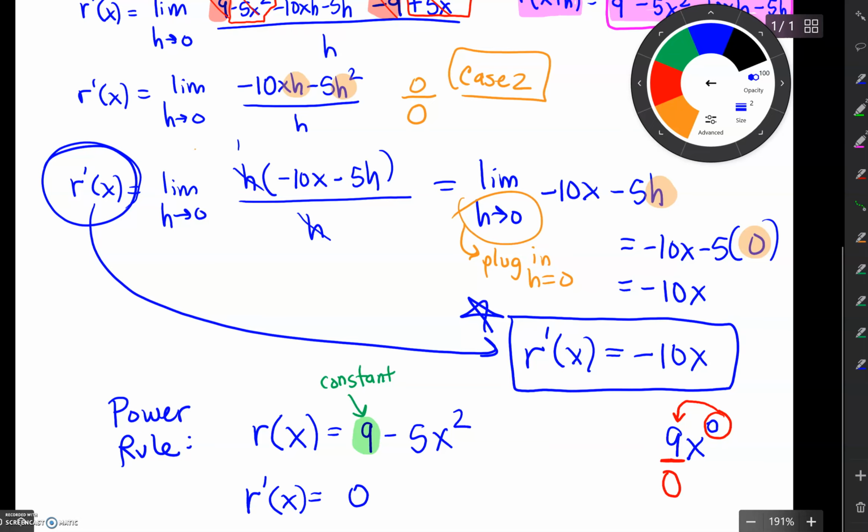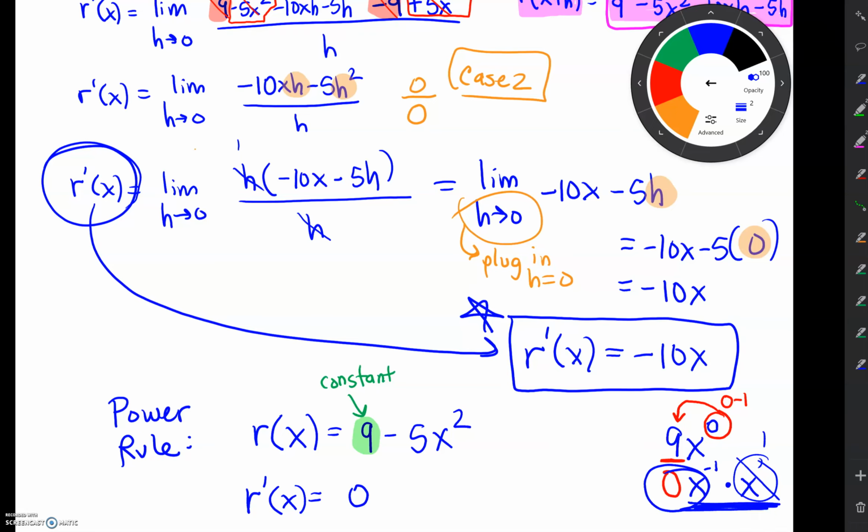So even if we completed our power rule, even if we rewrote the base and decreased the exponent by 1, that'd give us x to the negative first power, and we multiply by the derivative of the base, which happens to be a 1. If we did all of that, I don't care what all this other stuff is. If we're multiplying by 0, the whole thing is going to be 0. So you can either memorize the derivative of a constant is 0, or you can do the power rule. Either way, you're going to get that the derivative of 9 is just 0.